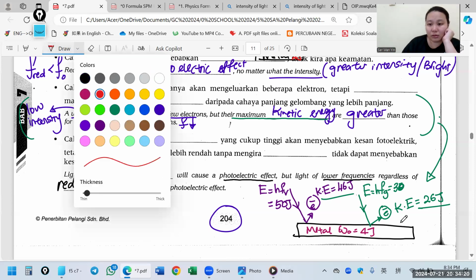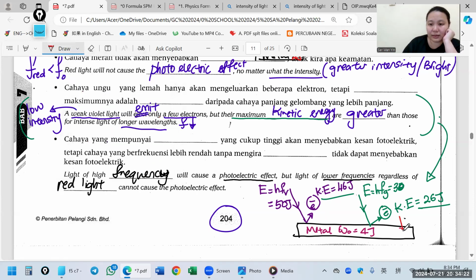So if you want, you can draw one more time. So red, E equals hf red, maybe equals 3 joules only. So not enough for electron to be emitted out.